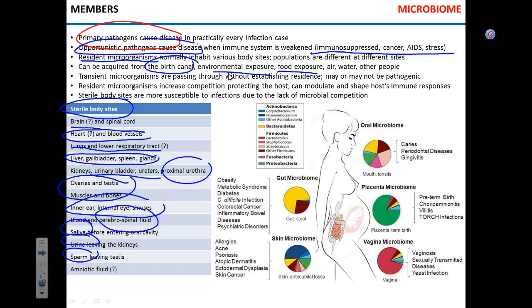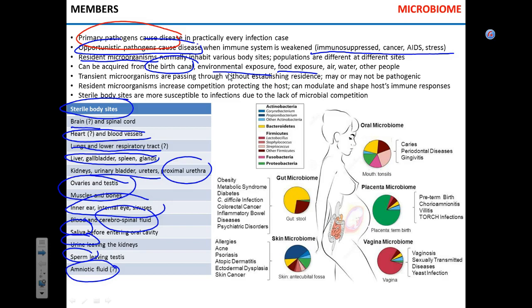Amniotic fluid. It's a great question. We consider it to be sterile. But again, there are studies showing that you can isolate nucleic acids of at least viruses from amniotic fluid. And on top of that, you know what meconium is.